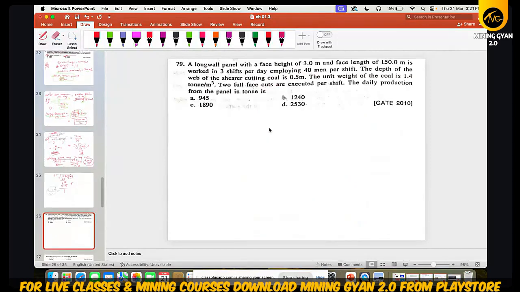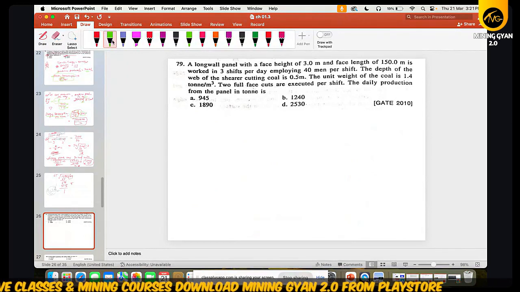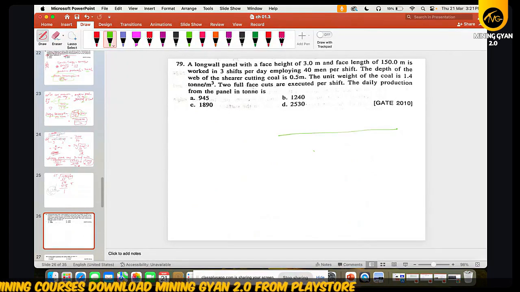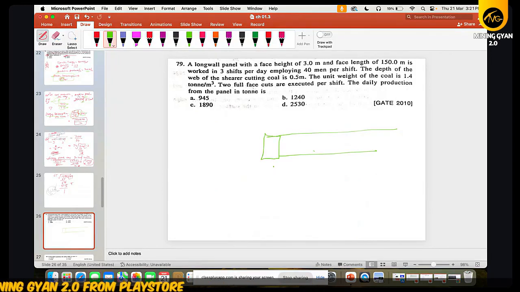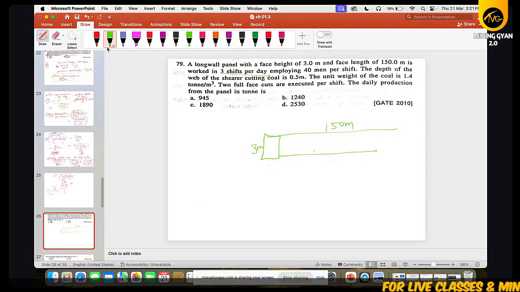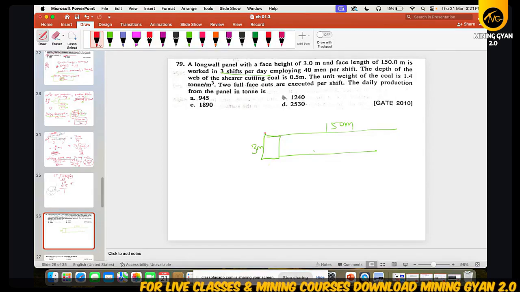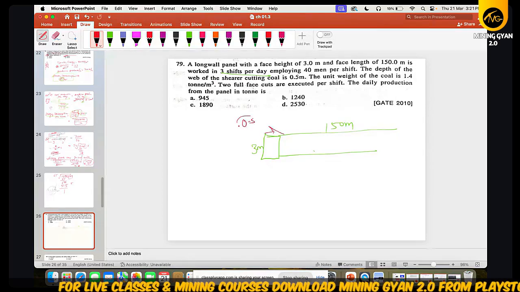Okay, now come to 79. A long wall face with a face height of... look, suppose this is your long wall face, this is your face. So he has given us height 3 meter, length 150 meter, 3 shifts per day. And the depth of the web of the shearer, the depth one time is 0.5 web cutting.